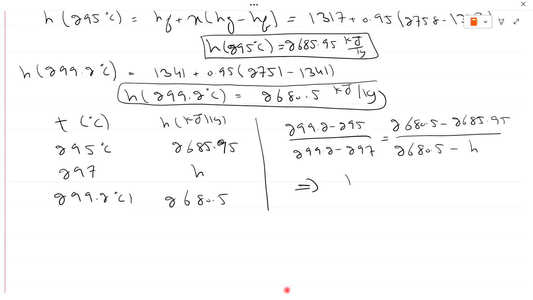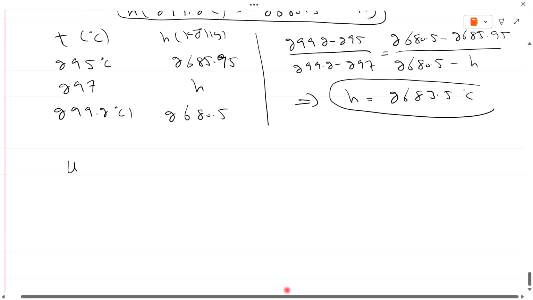So by interpolation, h is equal to 2683.5.